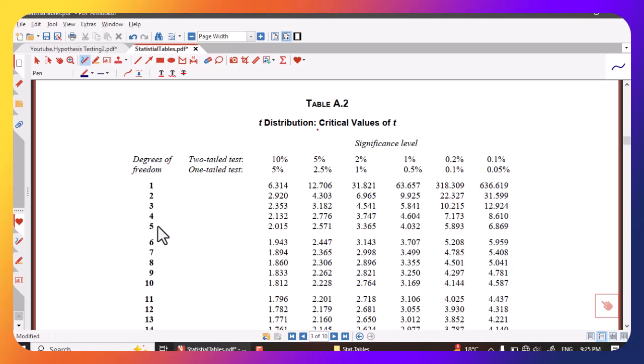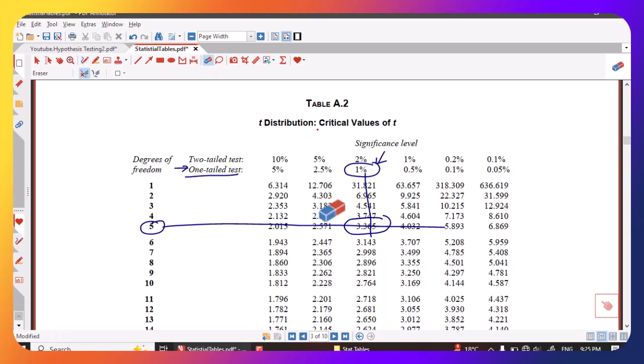Our degrees of freedom is 5, our test is one-tailed, and level of significance is 1%. If we consider the intersection of these two lines, this is our critical value for degrees of freedom equal to 5 and 1% level of significance, one-tailed test.